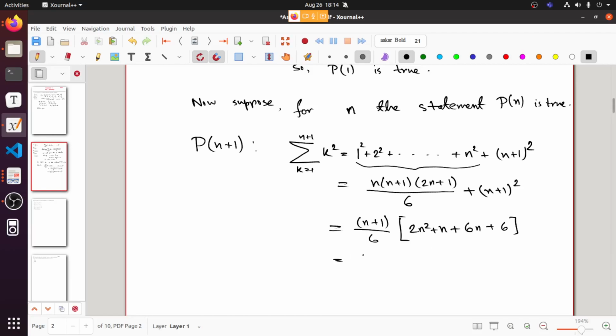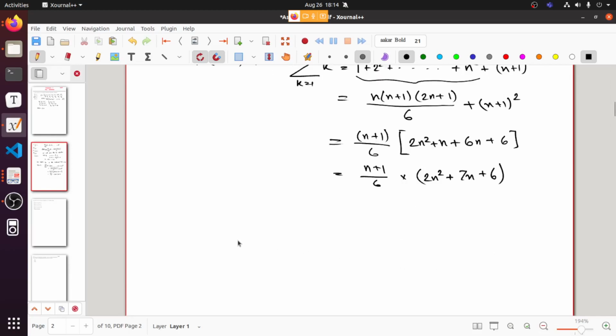So just calculate what it will be: n plus 1 by 6 into 2n square plus 7n plus 6. Now factorize it. If you factorize it, you will get n plus 1 by 6 into 2n plus 3 into n plus 2.